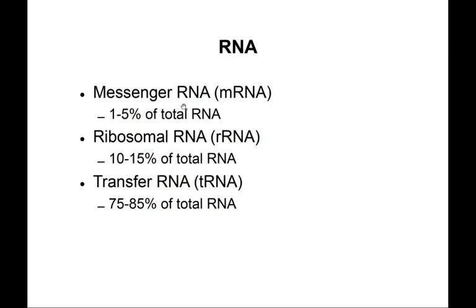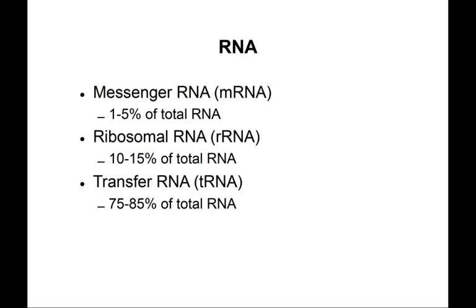The messenger RNA is the most important RNA, I would say, because all of the genes will be transcribed into messenger RNA, and only messenger RNA can be translated into protein. None from the ribosomal RNA or transfer RNA can be translated into protein.